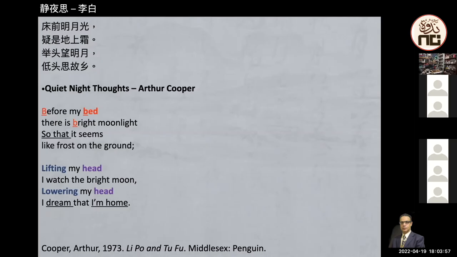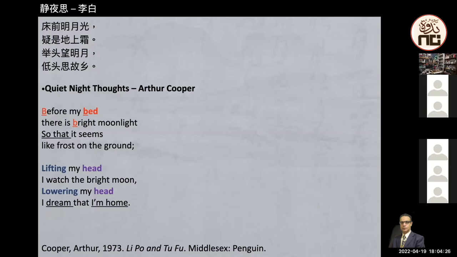Again, lifting and lowering. The original poem is antithetical. So we can't give the translator too much credit because the original is like this. But the credit we can give is that he used lift and lower, both starting with L, another alliteration.